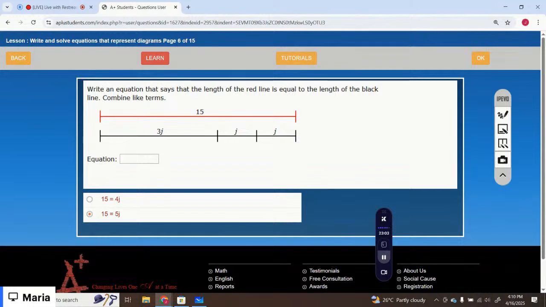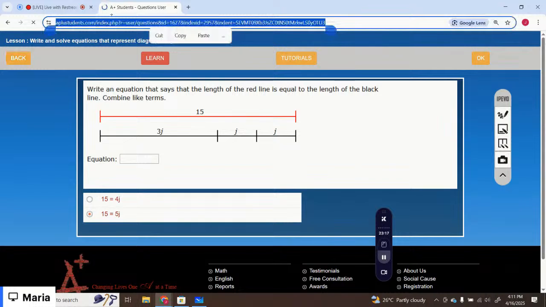Option number 2 is the correct option. Okay, you can complete the lesson by yourself later today. Let me move on to the next lesson.